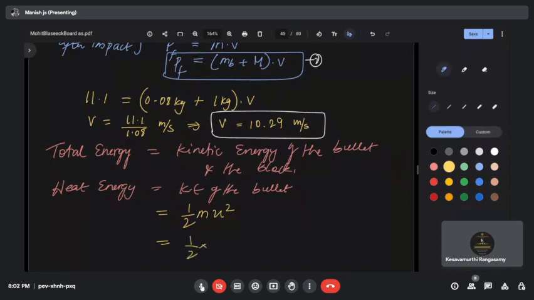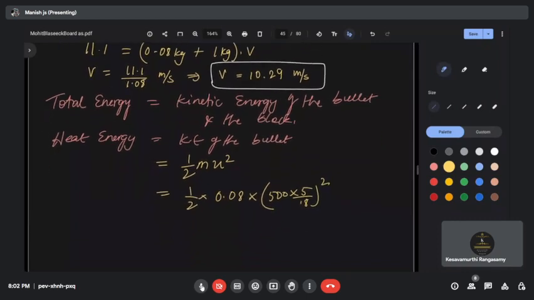So half times 80 grams in kilograms, 0.08, times u squared, which is 500 times pi by 18, the whole square. So you need to calculate this.